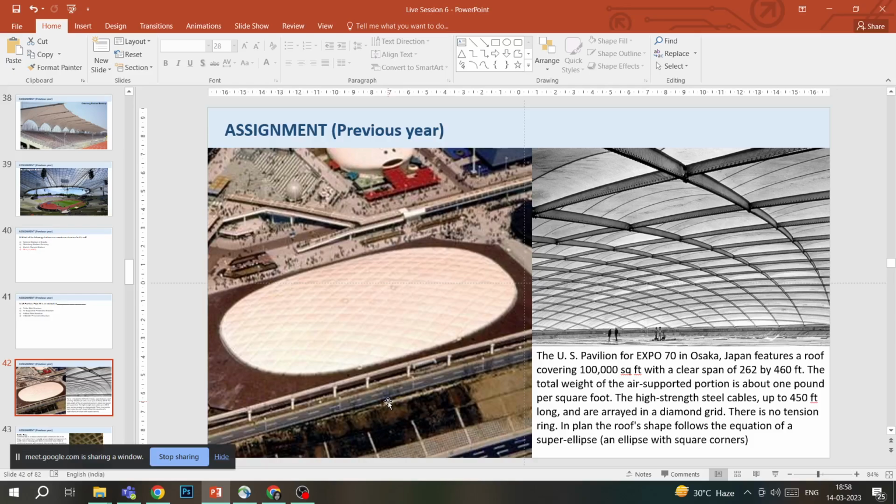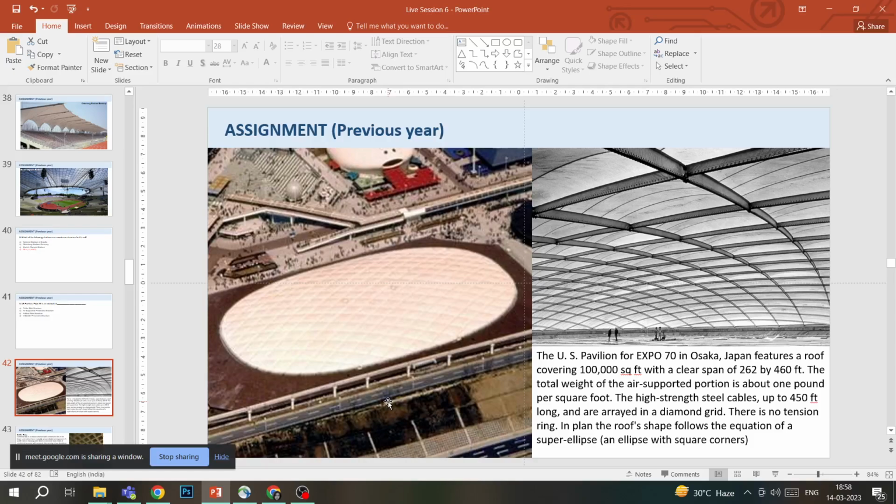Otherwise, things get very confusing if you try to remember dimensions in both feet and meters. Because meter is the universal metric system, I would try to cover the dimensions in meters. So the clear span was around 262 by 460 feet, and the total weight of the air supported portion is about 1 pound per square foot.